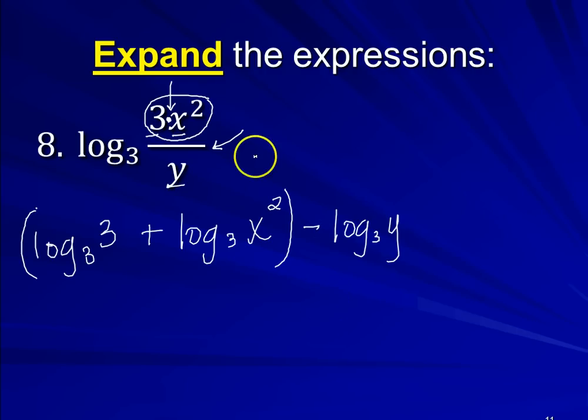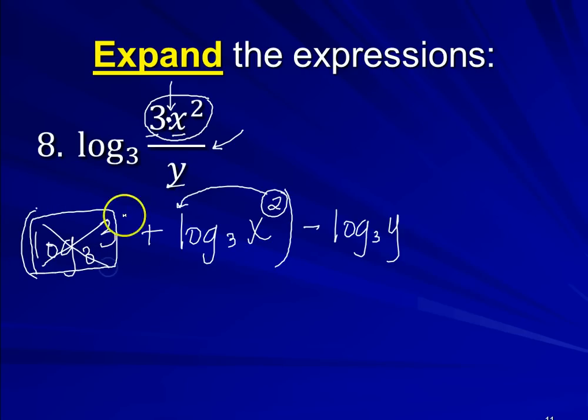Now, two things I got to do here. I still have a power. That power's got to come in front of that x, so it's got to come up front. And then second thing, right here, we talked about this on the very first slide of today. Log base 3 of 3. What happens when these are the same? They cancel, and whatever your power is your answer. So what is my power here?